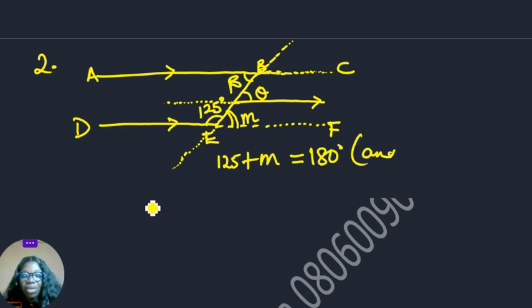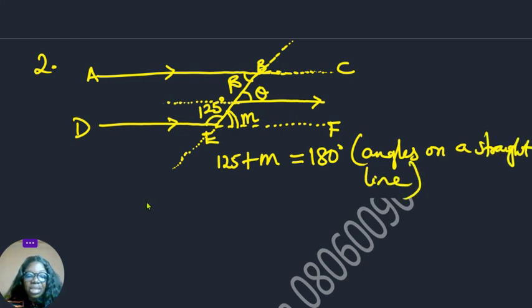In brackets, angles on a straight line. So M equals 180 degrees minus 125 degrees, and that is equal to 55 degrees.